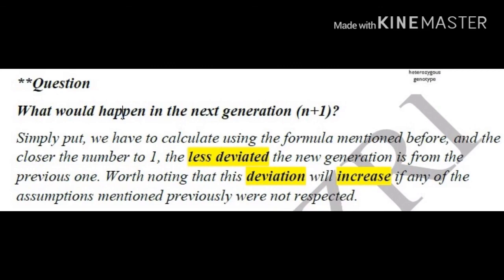Then we've got the last column, which is the number of the expected N+1, the number of the expected organisms present in a population for this particular genotype. It's easy to calculate because all we have to do is multiply Fn+1 by the total number of the observed organisms in a population. Since we've got the frequency times the population, we will get the number of the expected organisms. Now, when in doubt, we can always use the chi-square test.